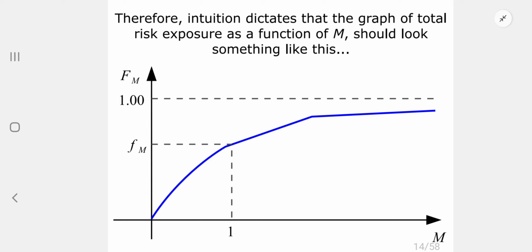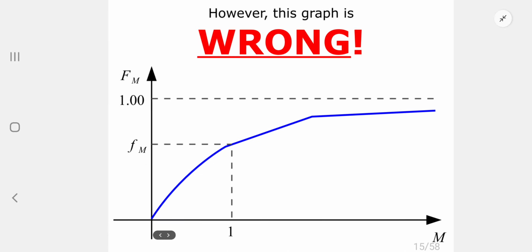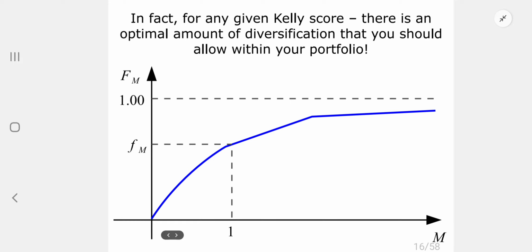Therefore, intuition dictates that the graph of total risk exposure as a function of M should look something like this. However, this graph is wrong. In fact, for any given Kelly score, there is an optimal amount of diversification that you should allow within your portfolio.